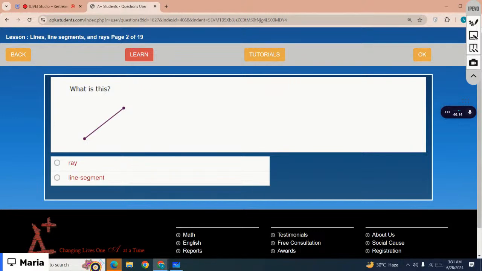Which is the correct option? Line segment it is. The correct option is line segment.